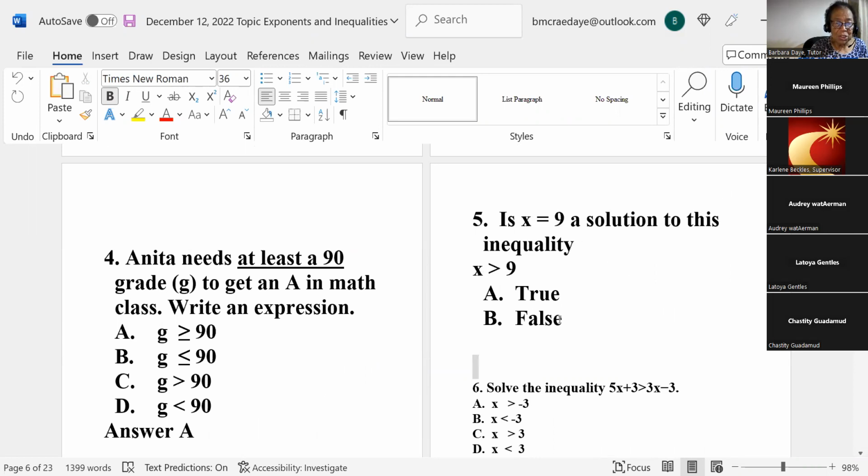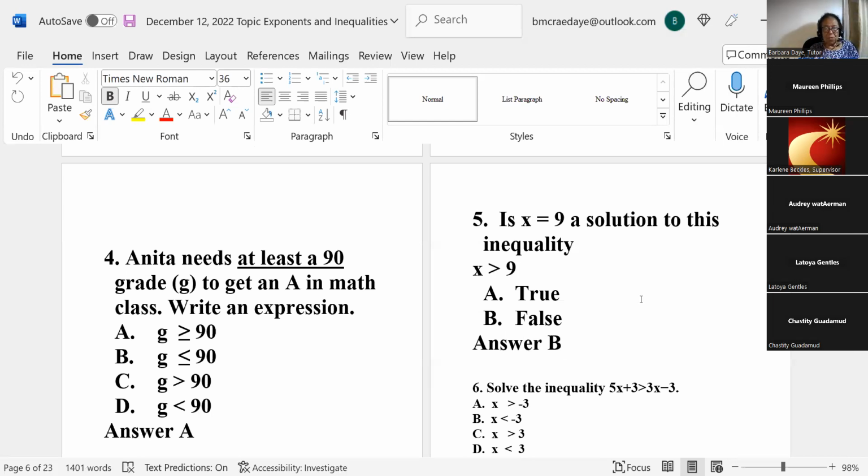Yes or no? I would say no. You're right. No. X equal to 9 is not a solution to the inequality X greater than 9, because X has to be something like 9.1, 9.2, 10, 12. It's got to be greater. So you said no, so the answer is false.